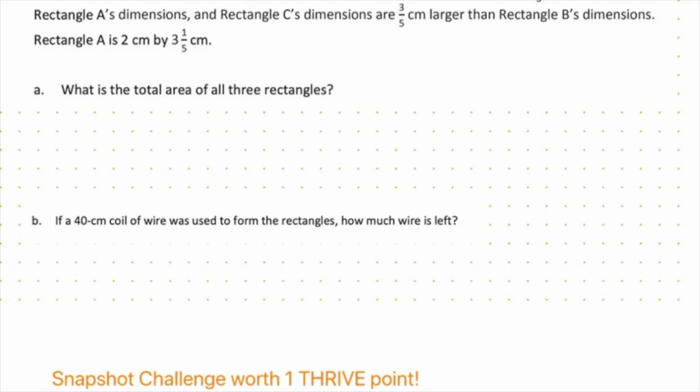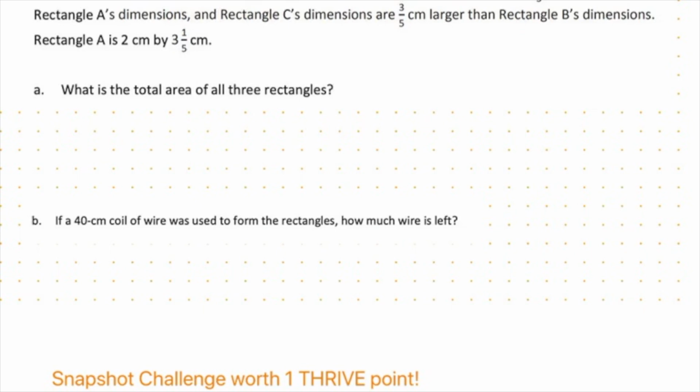The rectangle that they give all the information for is rectangle A. So next to rectangle A on your separate piece of paper, write the dimensions. 2 centimeters by 3 1/5 centimeters. Do that now. 5, 4, 3, 2, 1.